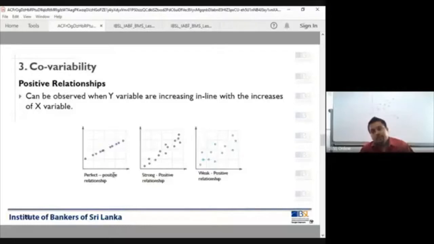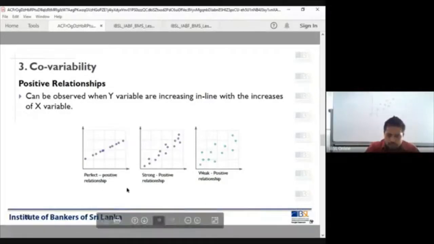The positive relationship could be observed when y variables are increasing in line with the increase of x variables. This is what we discussed a moment ago. If the x variables are increasing from 0 towards the positive side, in a similar manner, the y variable values are also increasing.